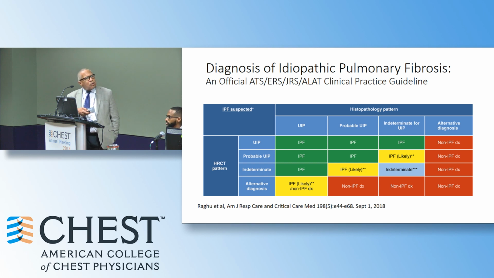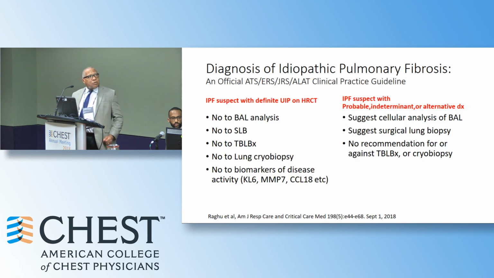And so I think there's a softening of the importance of HRCT scan in the current criteria, and an increased recognition of the fact that histopathology and clinical features are increasingly important in making this diagnosis.